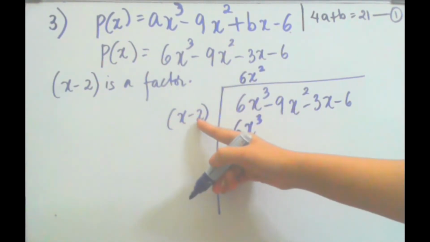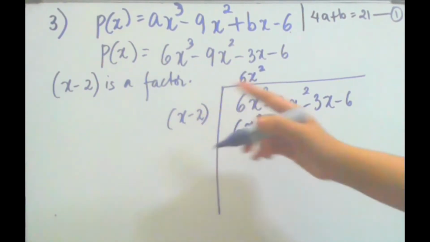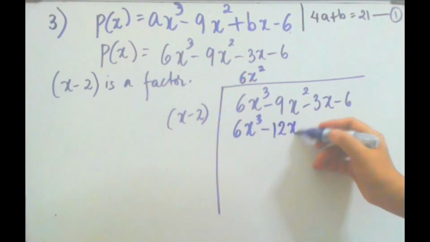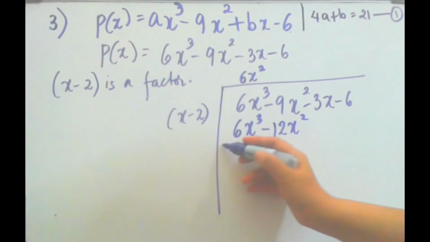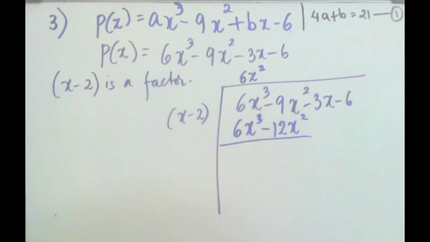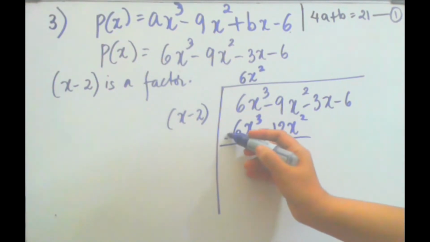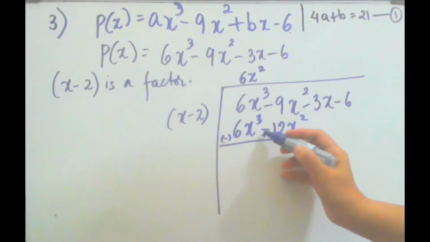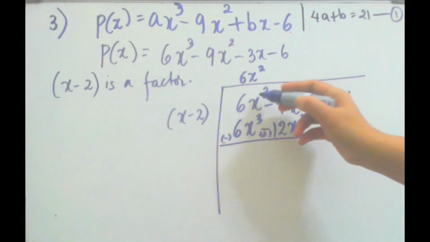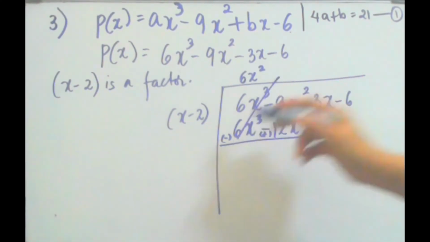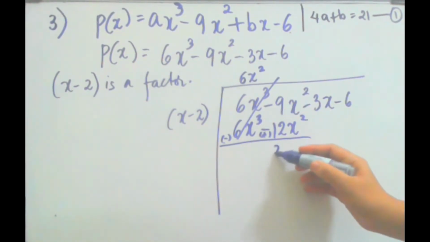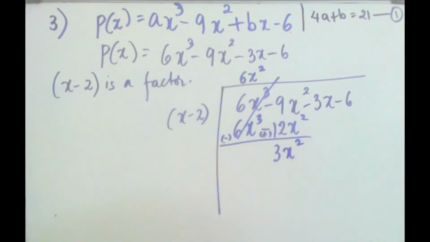Then I have to multiply this by minus 2 also, which will give me minus 6 into 2, 12x square. Now I am going to subtract. So remember, when you subtract algebraic expressions, change the sign of the second expression. So this plus 6x cube minus 6x cube will cancel. Minus 9x square plus 12x square gives us 3x square.